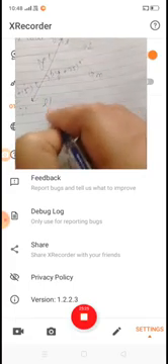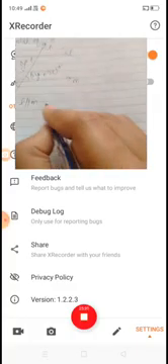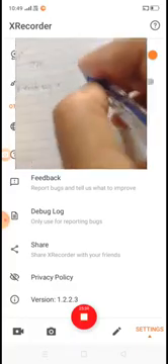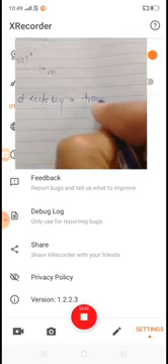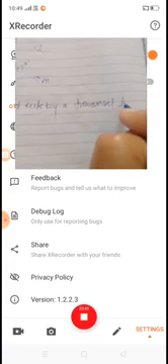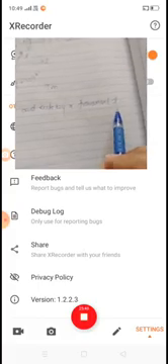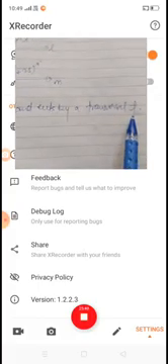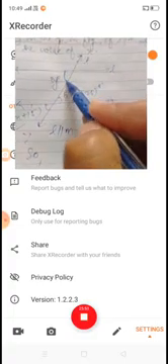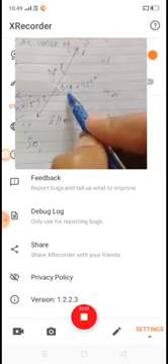Since line L is parallel to M and cut by a transversal T, we know that here 3y and 2y plus 25 degrees form alternate interior angles.